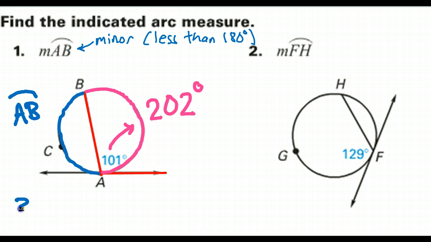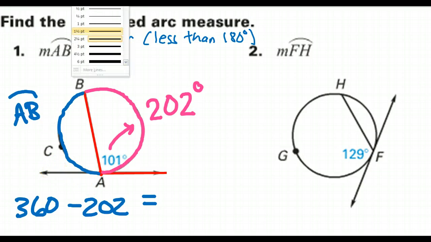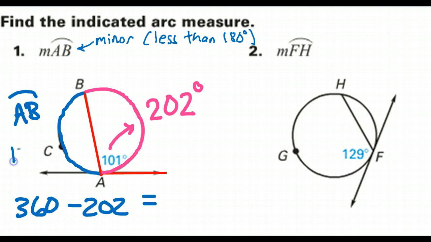So I'm just going to do 360 minus 202, and that should give me my final answer. So that is 158 degrees. So that is the measure of arc AB.